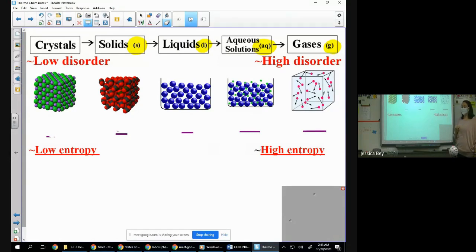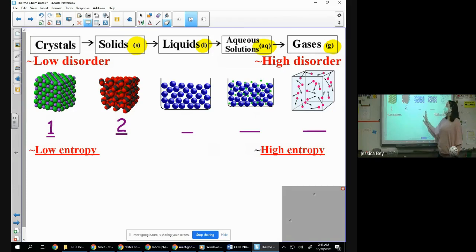If I could put a number to these things, and this is just a random number to try to talk to you about entropy, say a crystal was a 1 on an entropy scale. These numbers aren't real, I'm just trying to show you an order of magnitude. A solid would be a disorder of 2, so it's not that much bigger.